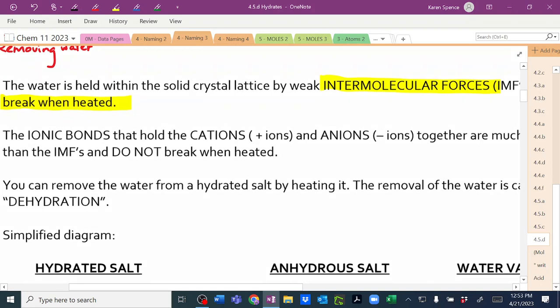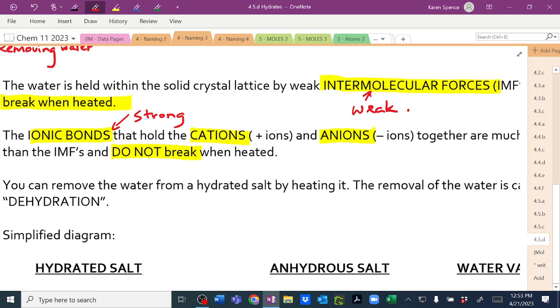But the ionic bonds that hold the cations and the anions together do not break because those are strong. Okay, so the ionic bonds are strong, the intermolecular forces are weak. And that process where we get rid of the water, and now we have a salt with no water in it, that's called dehydration.